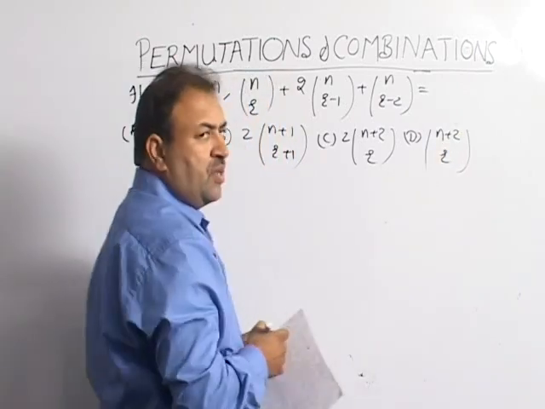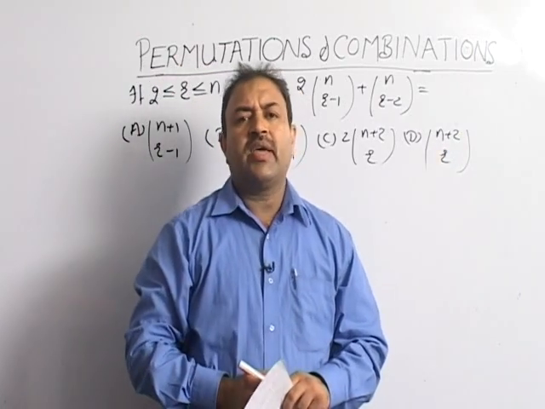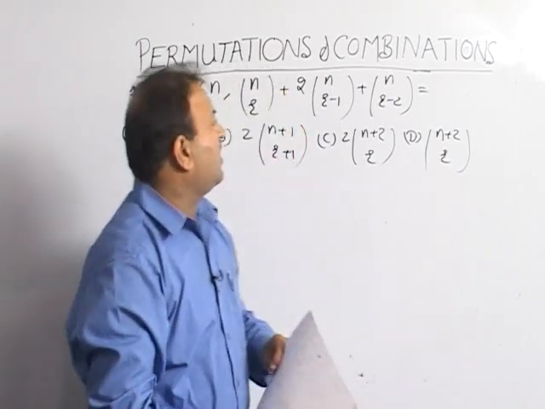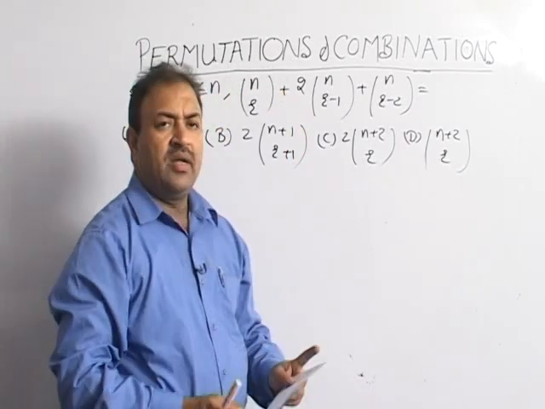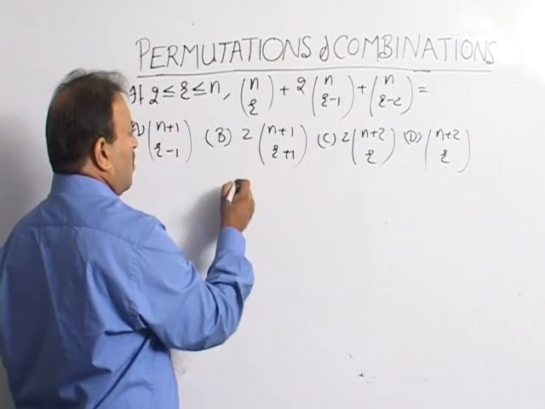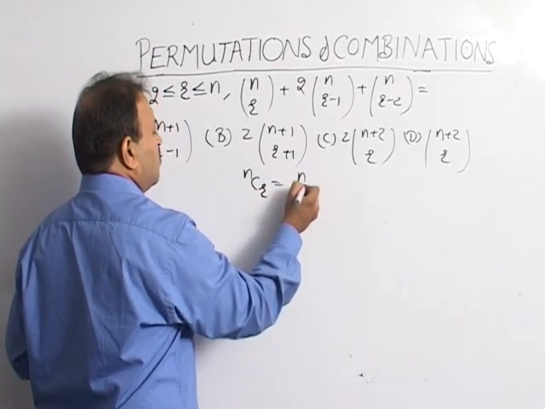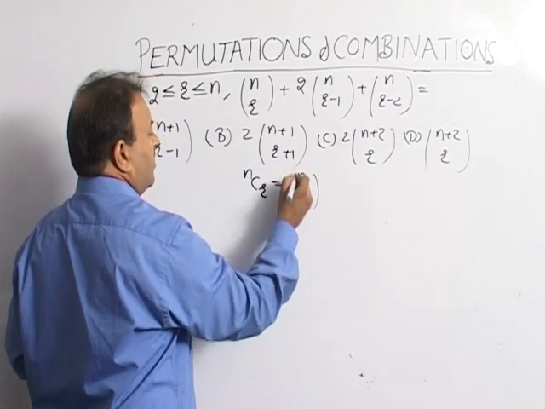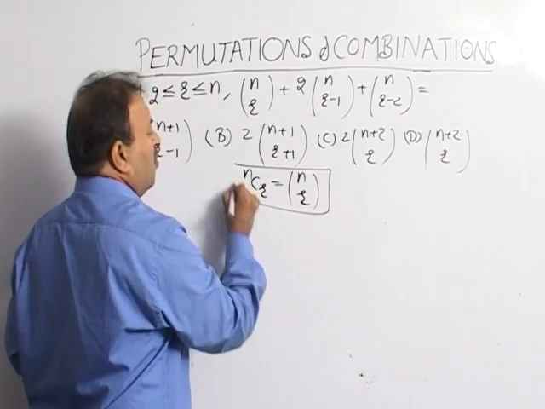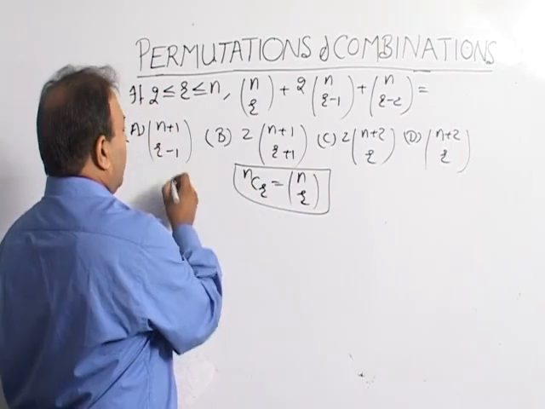Now the confusing point is how to proceed with this, what is the meaning of this r. So I will explain here. NCR, the meaning is we can write it as nr. We can write nCr as nr.